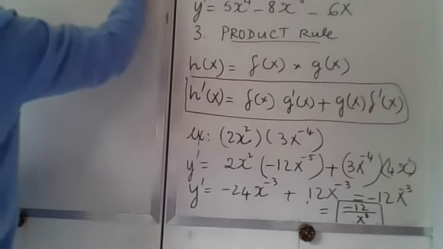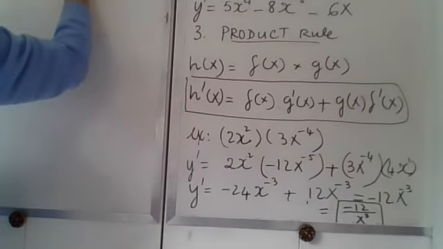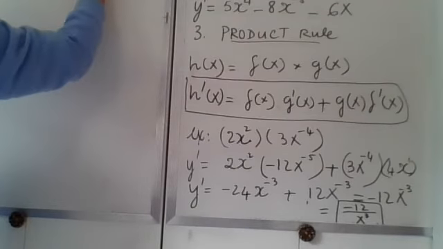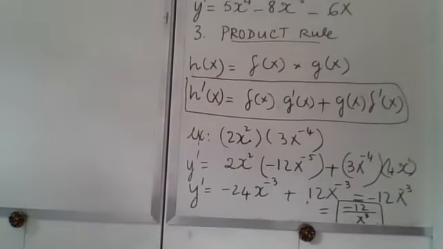All of this is divided by g of x, all of this squared at the bottom. So that is the quotient rule.